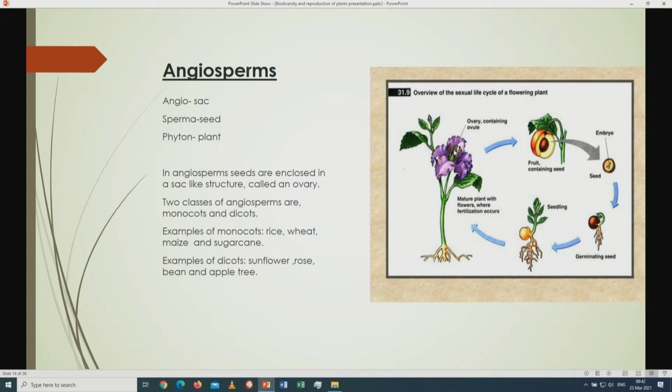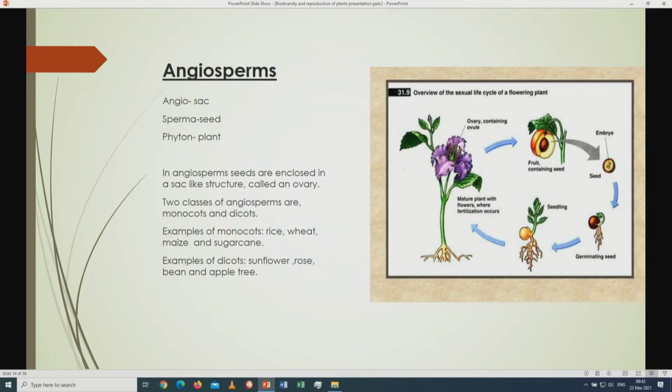The pollen becomes the pollen grain, and it is referred to as the male gametophyte. And then the pistil, which is the female part of a flower, has the stigma, the style, and the ovary. Inside the ovary, we do get the ovules.